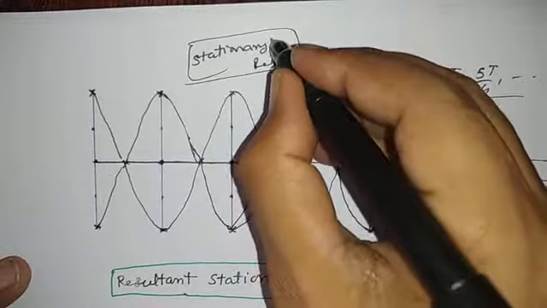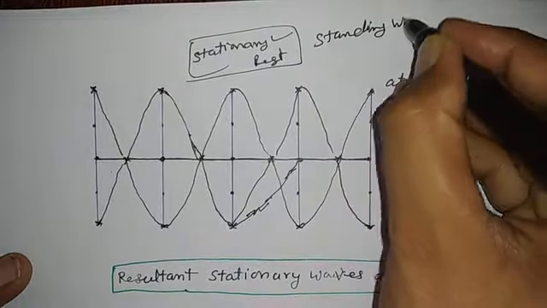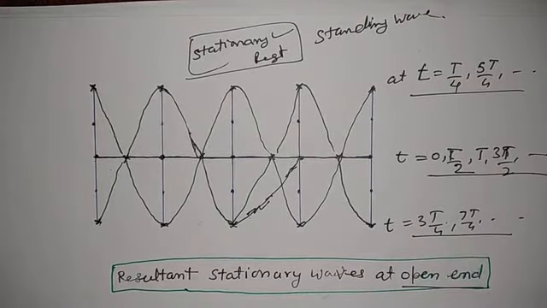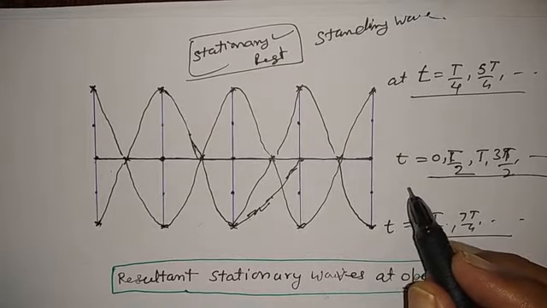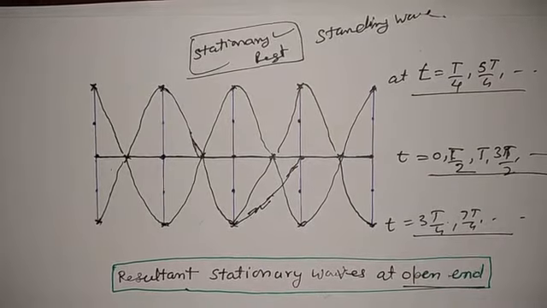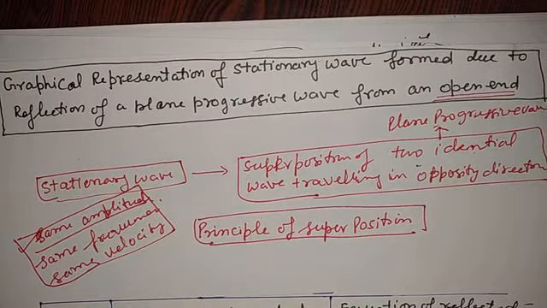That is why it is called a stationary wave or standing wave. Right? So this is for the whole topic. See, at different situations, and then their resultant diagram is here. So this is for the topic given here. Thank you and have a nice day to all.